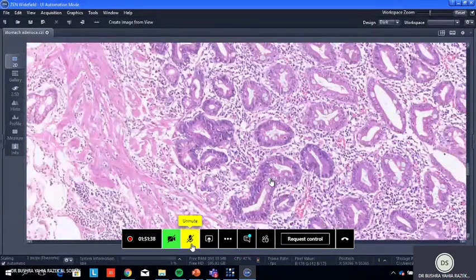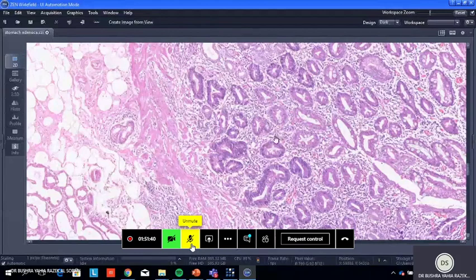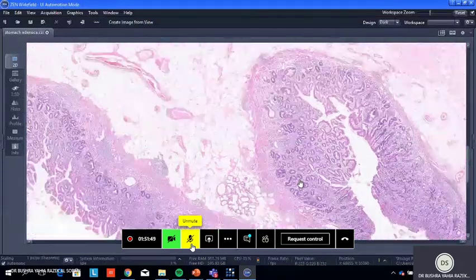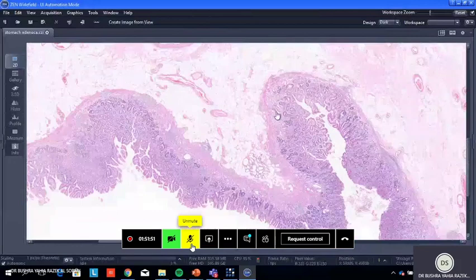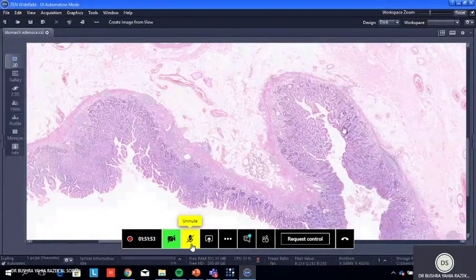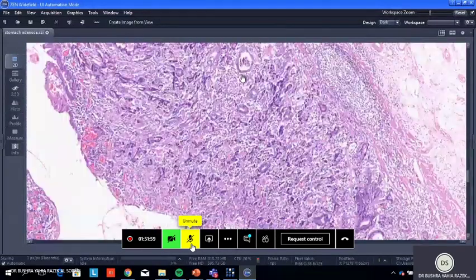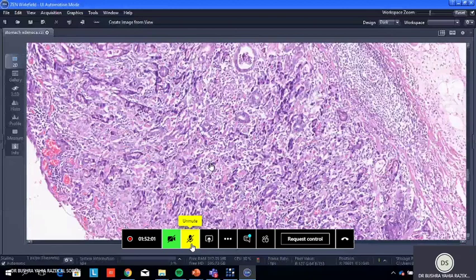The mucosa is usually composed of glands and lamina propria. The surrounding here is lamina propria. See this area, no invasion, right? This area, no invasion, still benign. The malignant here started from here. Even this area is malignant, but how?